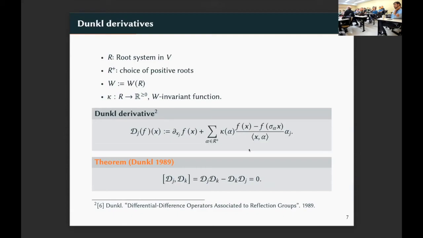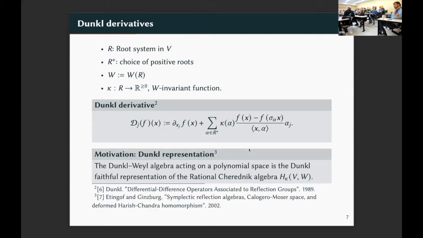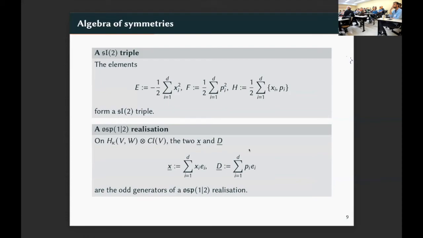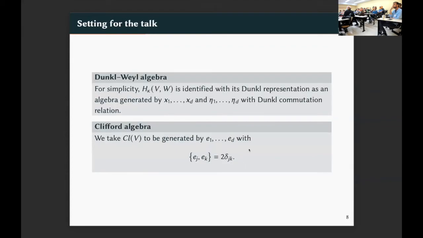But furthermore, to make a link with the rational Cherednik algebra, you can see the rational Cherednik algebra if you take a representation acting on polynomial space. You get what we call the Dunkl representation. It's a faithful representation. So in a sense, you could define your rational Cherednik algebra using the Dunkl derivative and polynomials.